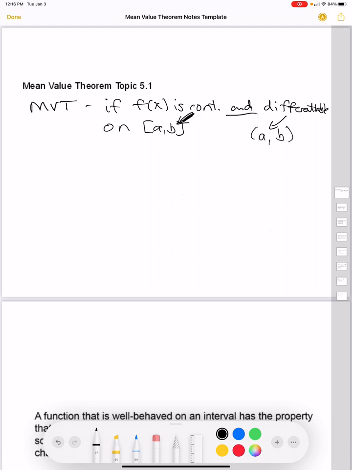All right, so it needs to be continuous on the closed interval and differentiable on the open interval.